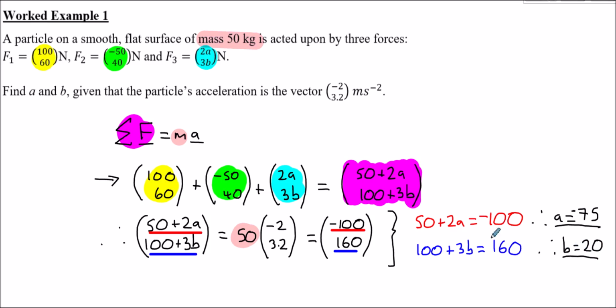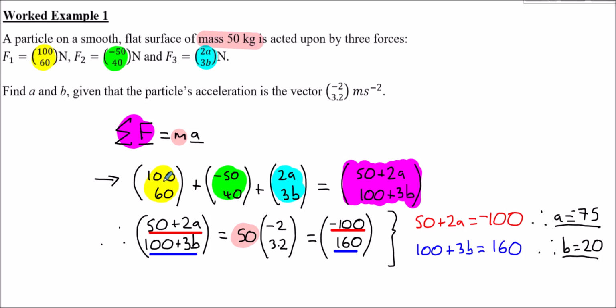So all we've done there really is just applied F equals ma, but considered F and a, force and acceleration, as vectors. In this case we've considered it as column vectors. We could have done it in i and j components as well. It just completely depends on the context and the question at hand.